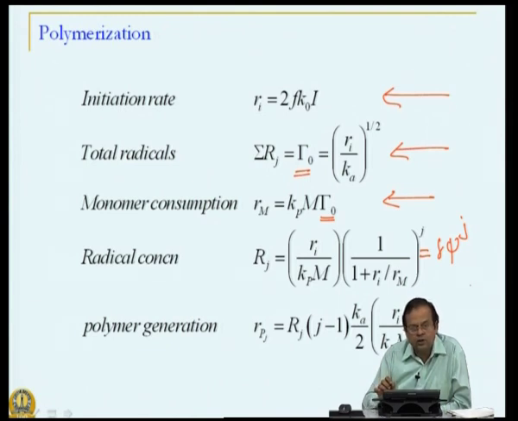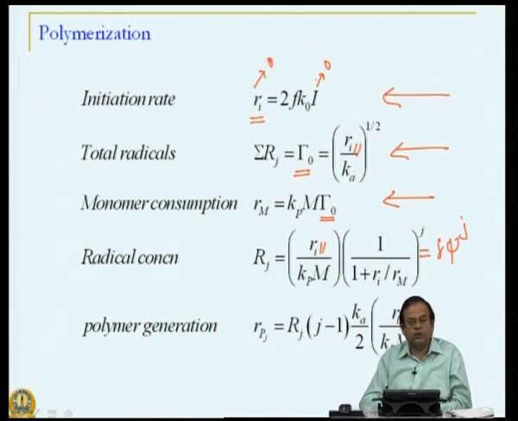Why am I saying this? Because in all these rate expressions Ri is there. So, if initiator concentration goes to 0, Ri will go to 0 and all these rates will go to 0. That is the importance of initiator.